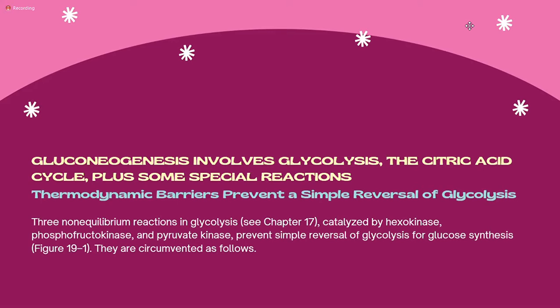Three non-equilibrium, meaning irreversible, reactions in glycolysis, catalyzed by hexokinase, that's the first one, hexokinase or glucokinase if it is in the liver, then phosphofructokinase and pyruvate kinase, prevent simple reversal of glycolysis for glucose synthesis. They are circumvented by special enzymes.